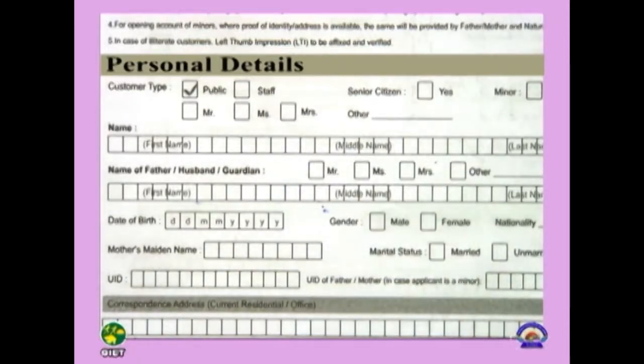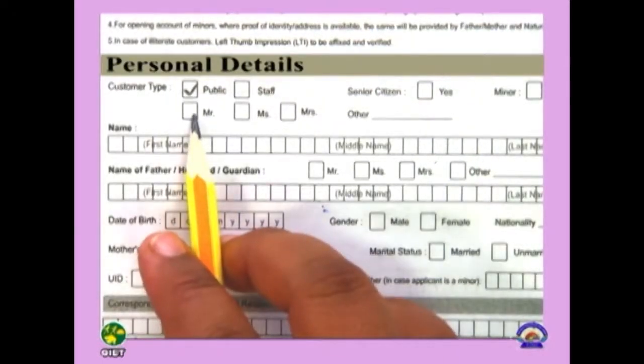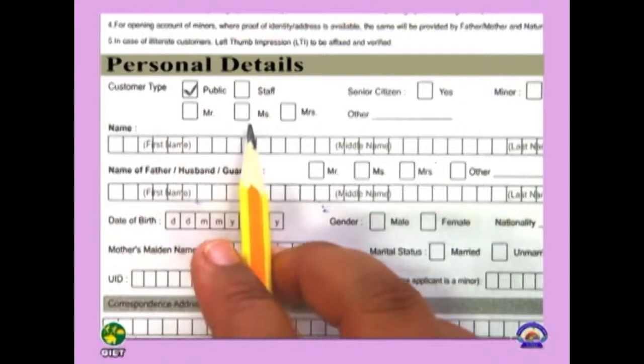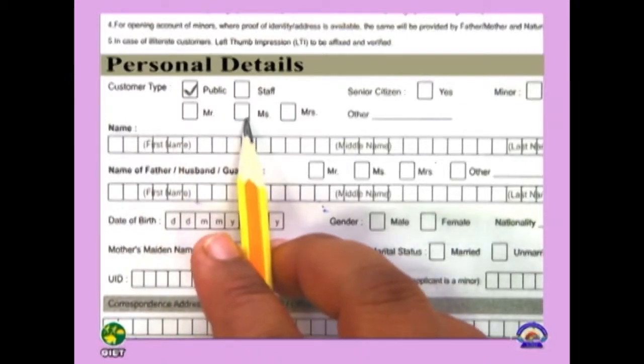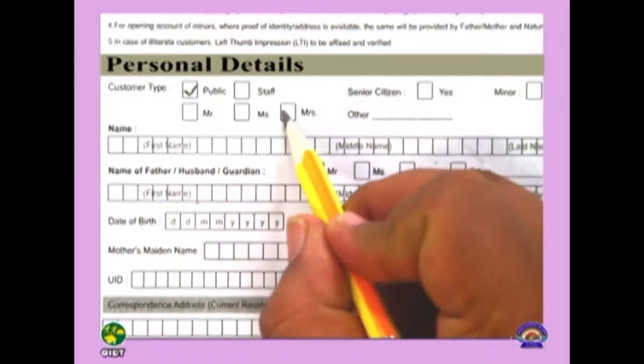If you are a boy, please tick in the box of Mr. And if you are a girl, please tick in the box of Miss. I am married, so I am ticking in the box of Mrs.